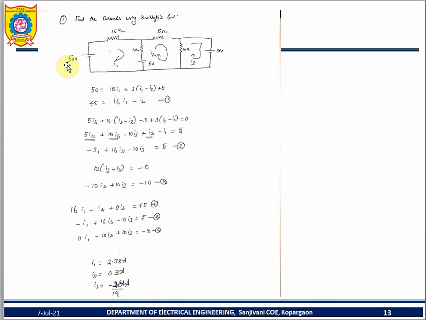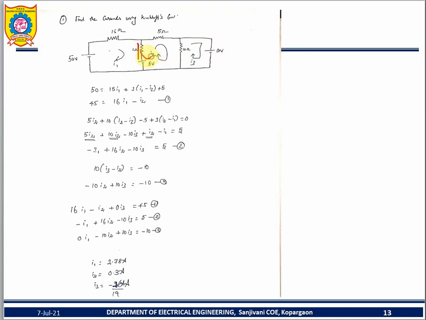That is important. See here, this resistance is independent, and this one is common. This resistance is common between these 2 rooms. The source is also common. Whenever it is common, it means the flow of current is possible for both currents.